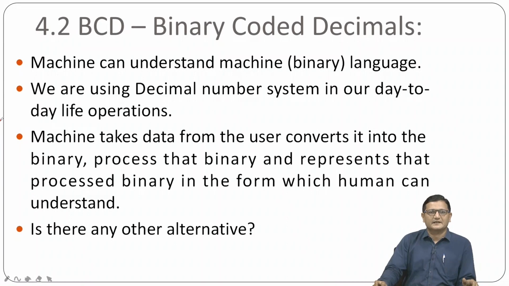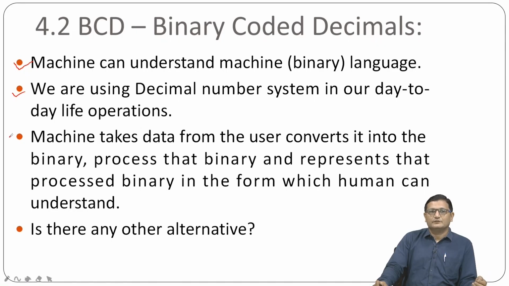See, a machine can understand only one language, and that is the language of ones and zeros, which is known as machine level language, low level language, or binary language. What we are doing is using a decimal number system in our day-to-day life.